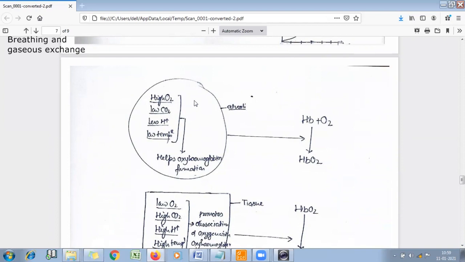High oxygen, meaning more partial pressure of oxygen, low partial pressure of carbon dioxide, less hydrogen ion concentration, and low temperature. All these four factors in this combination help oxygen to bind with hemoglobin, and it becomes oxyhemoglobin in alveoli.